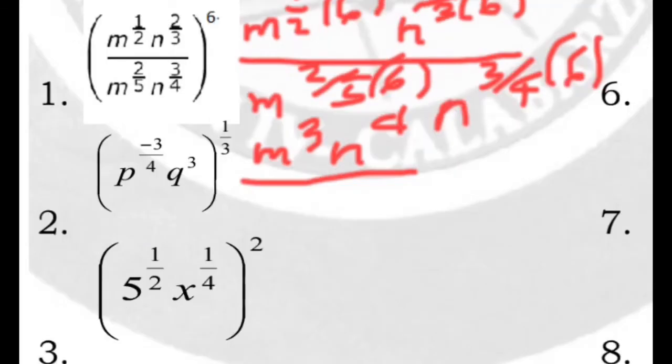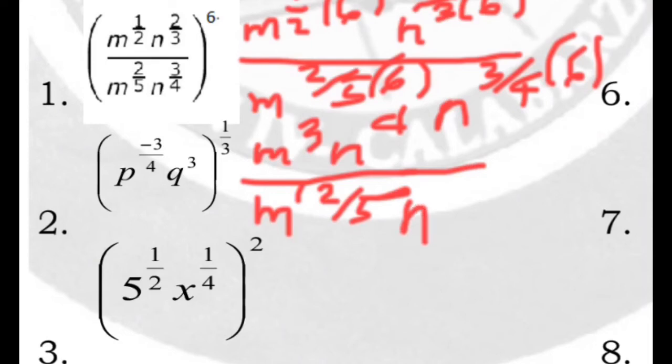For the denominator, this is m. Then 6 times 2 is 12 over 5. So this is m to the 12 over 5 times n. Then 6 times 3, that will be 18 over 4. Then simplifying that one, that will be 9/2.